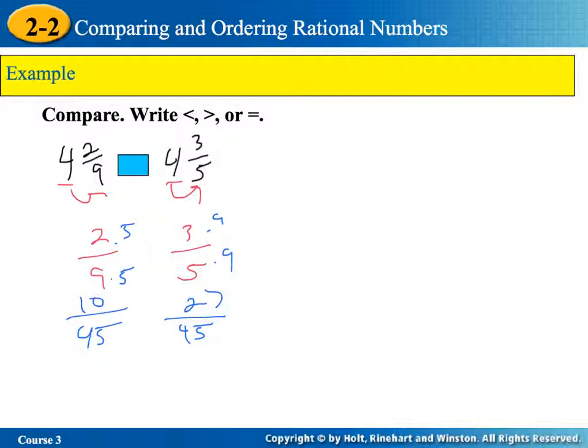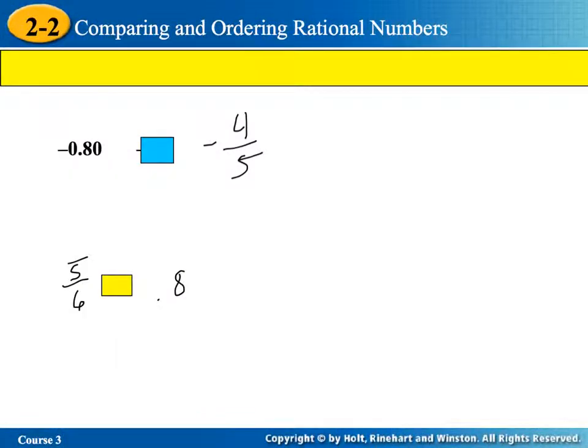Which one is larger? The 27/45, which leads to the 4 3/5. So if you look at that, I looked at my whole numbers, brought it down to my fractions, made sure I had a common denominator with my fractions, and then I kept moving.